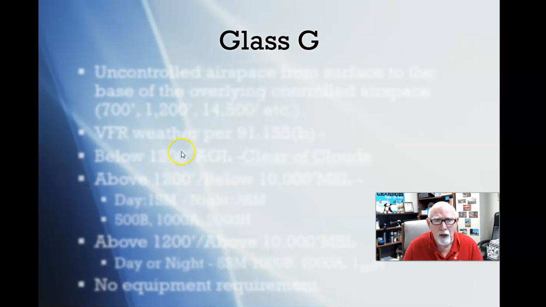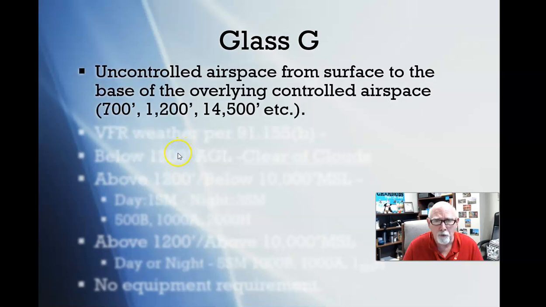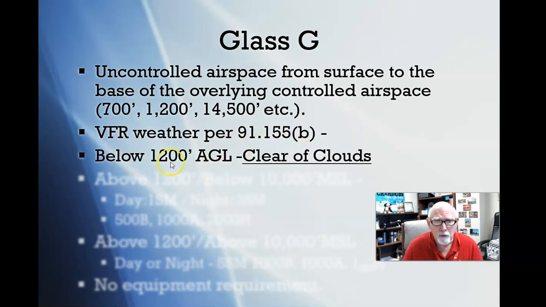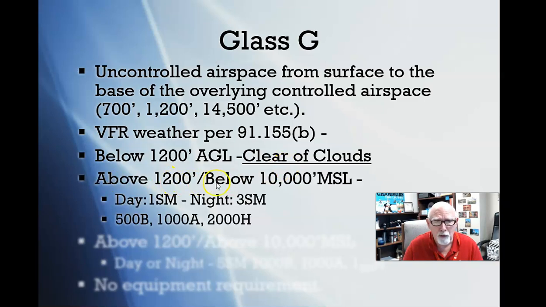Okay, your Class G is uncontrolled airspace from the surface to the base of the overlying controlled airspace, either 700, 1,200, or 14,500. Again, your VFR weather is per Part 91. Below 1,200 feet, you just need to stay clear of clouds. Above 1,200 feet and below 10,000, 1 statute mile, and at night 3 statute miles for your visibility.